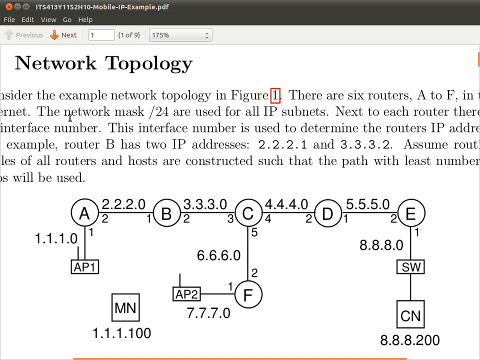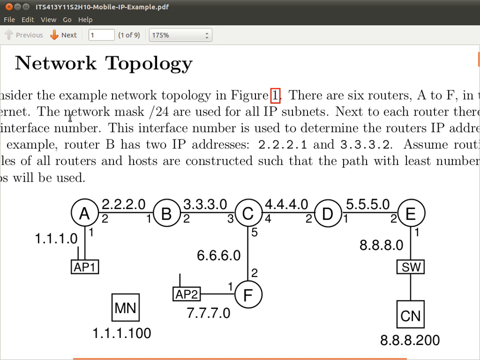So in this example, it's the same address as the foreign agent. Foreign agent is F in this case, on network 7770, and the one here we're going to call 7771. So that's a special case which is possible. It doesn't have to be that address, but in this case we'll see what happens if it is.